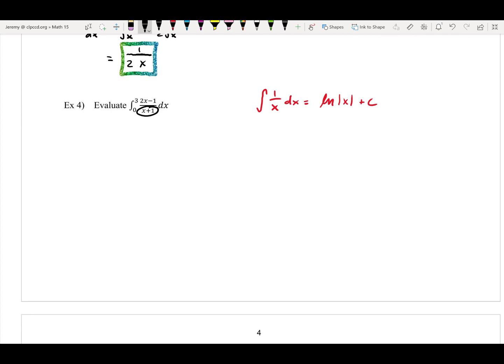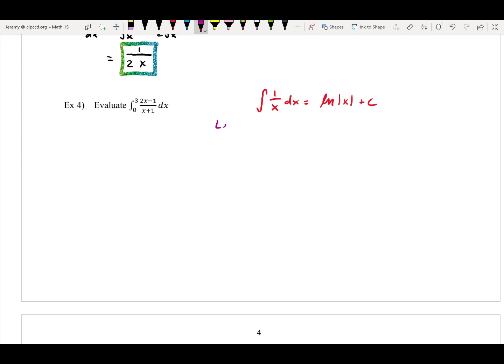Oftentimes when we have something like this, it's a rational expression that does not simplify. I could break this up into a couple different terms, but that wouldn't really help. I'm thinking that this is going to be a u substitution problem, right? And I think it would make sense to do something like this.